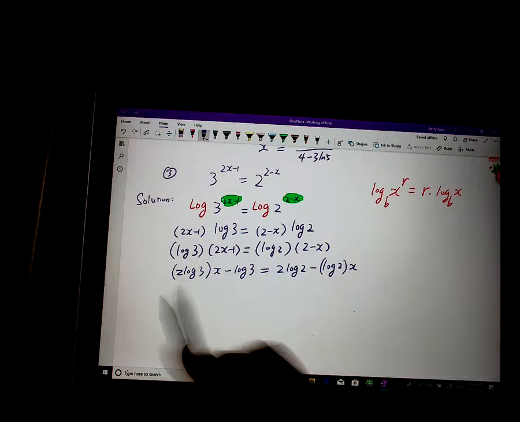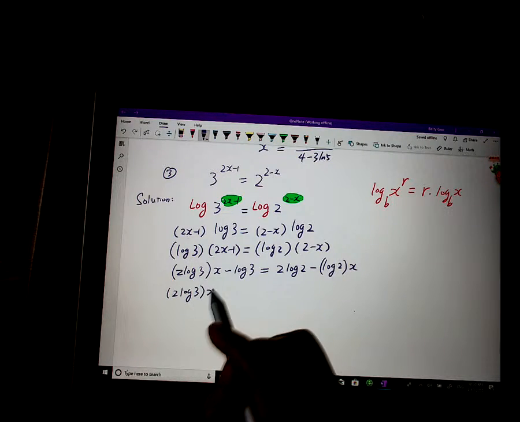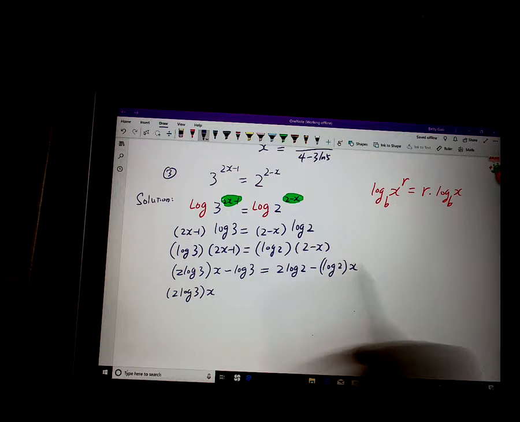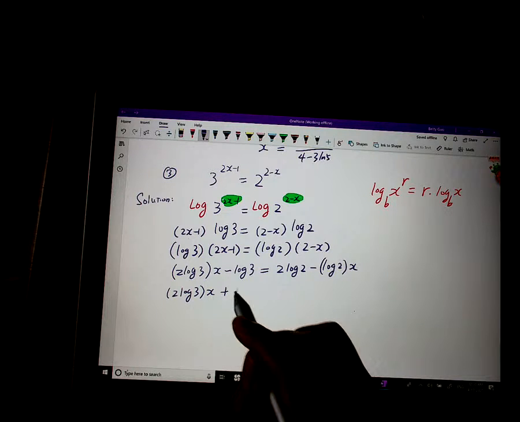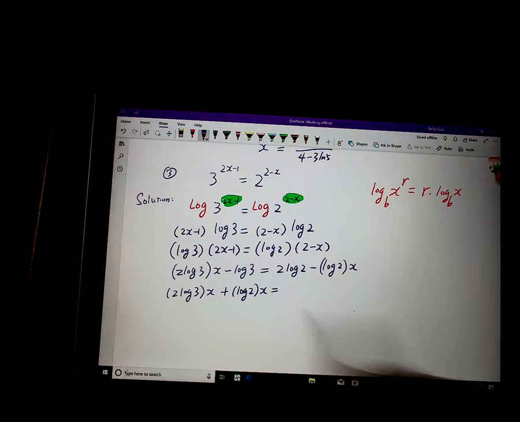Collect like terms. I keep 2 log 3 x here and then move this term over, plus log 2 x. We talk about the transposition of terms, right? You can move those terms around. Whenever you move a term from one side to the other side, you change the sign.